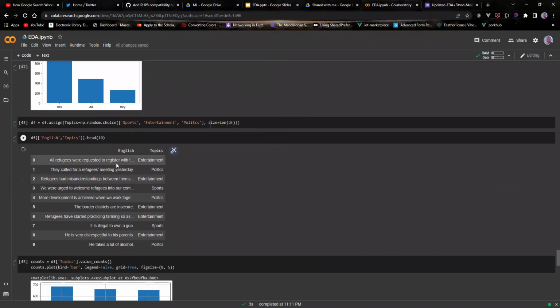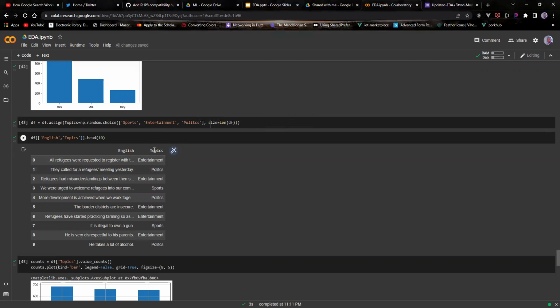Then part of the exercise is performing some text classification. So we had to add some synthetic topics to our corpus. We added some randomly from three categories: sport, entertainment, and politics.